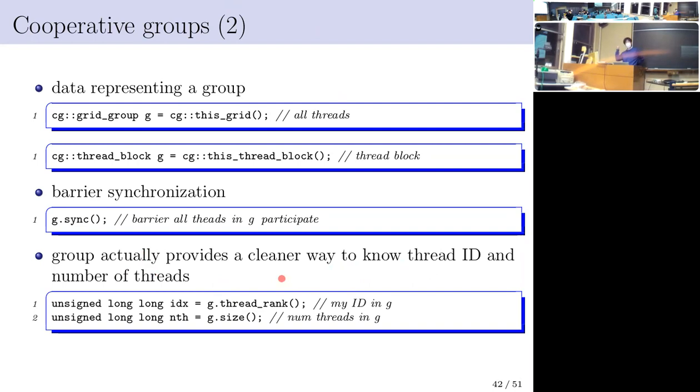So rather than the awkward variable names I talked about last week, grid dim, block index, block dim, and thread index, you can simply call g.thread_rank or g.size, which is much cleaner in my opinion.